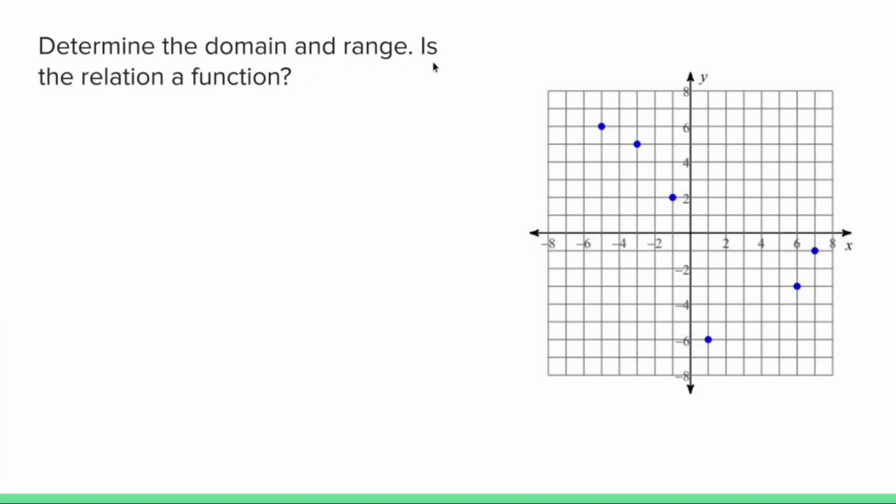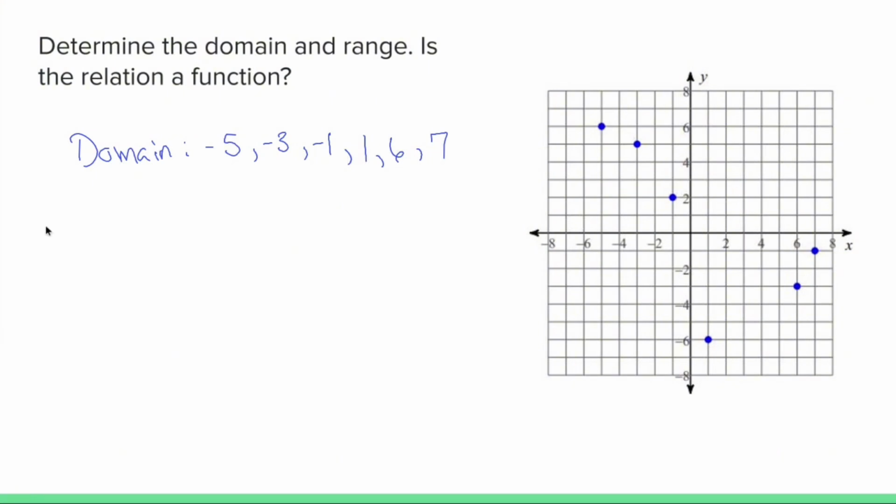Determine the domain and range, and is the relation a function? The domain is all the x values used, so let's list those out. If I go left 5, that means my domain is -5. If I go left 3, that means my domain is also -3. Left 1 is -1. Right 1 is +1, right 6 is going to be +6, and right 7 is going to be +7.